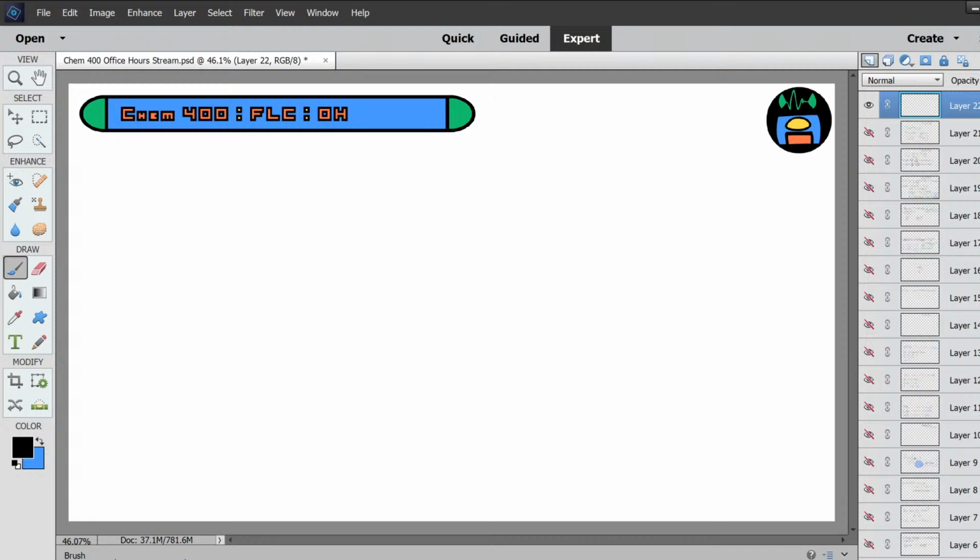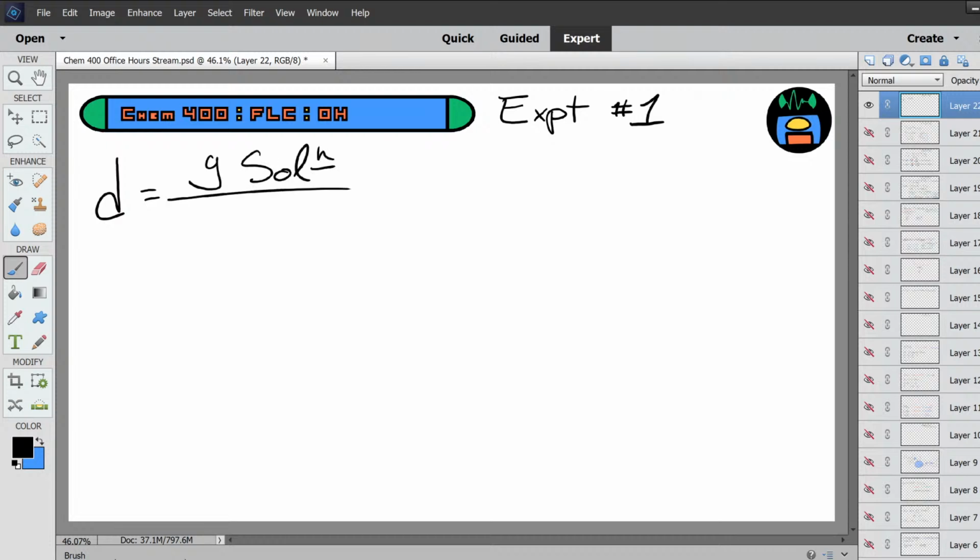Okay, Rin. So getting to your question about density. So the density, and again, this is for experiment 1. Density is the grams of solution divided by the milliliters of solution.